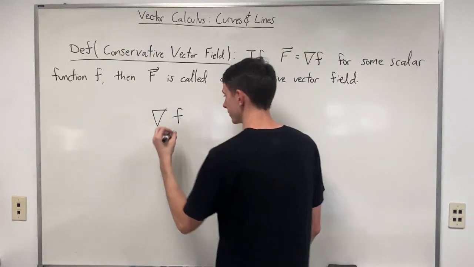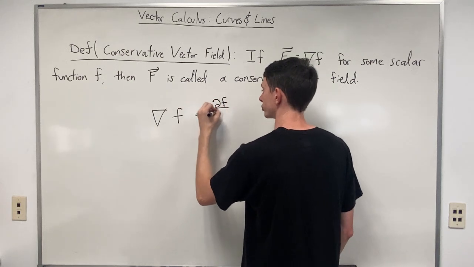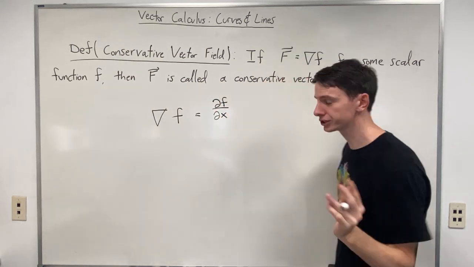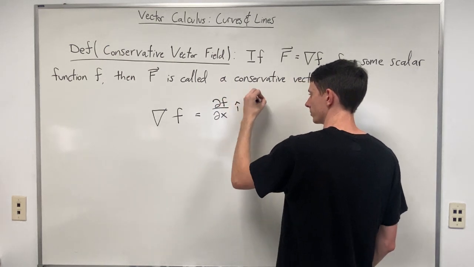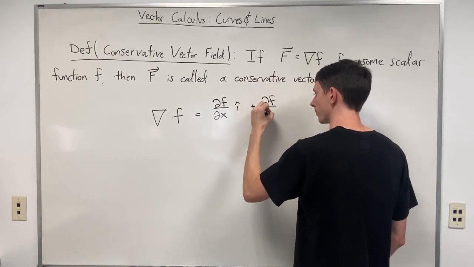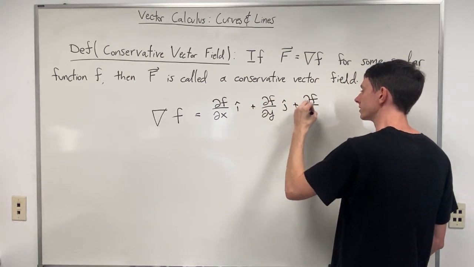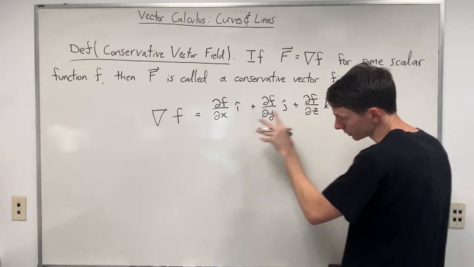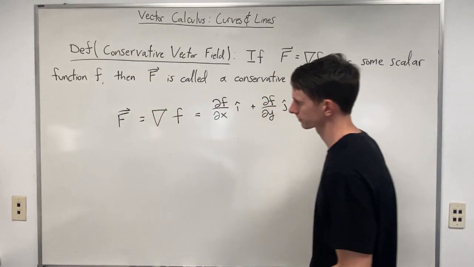Specifically, the vector function that we output is all of the partial derivatives of our scalar function. So in Cartesian coordinates, at least, it's partial f partial x i hat plus partial f partial y j hat plus partial f partial z k hat. And this resulting vector is what uppercase F is going to be.